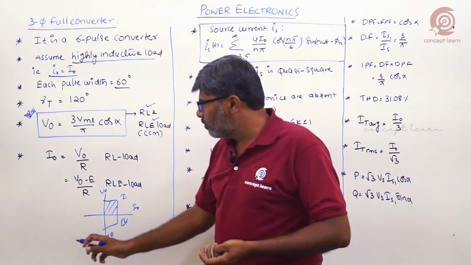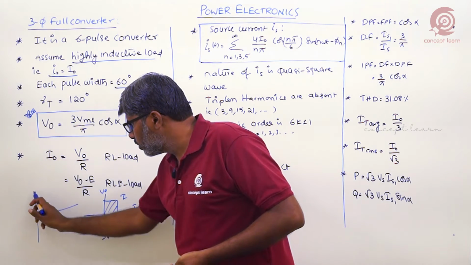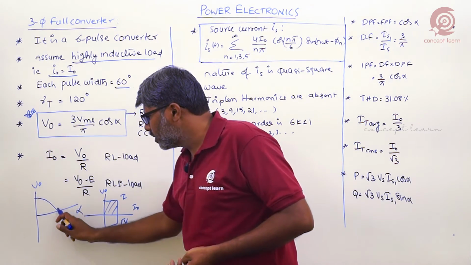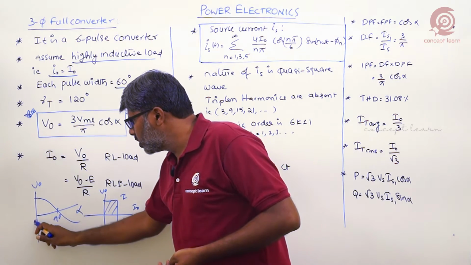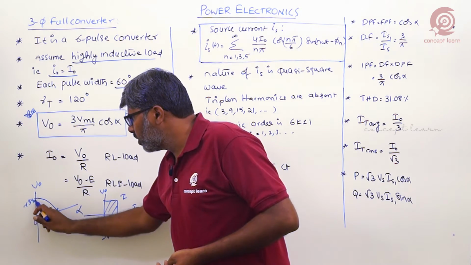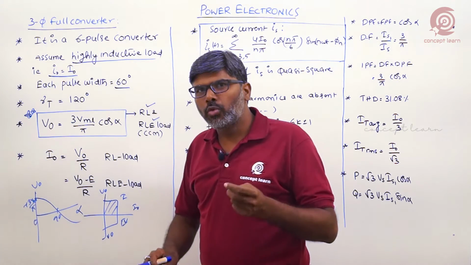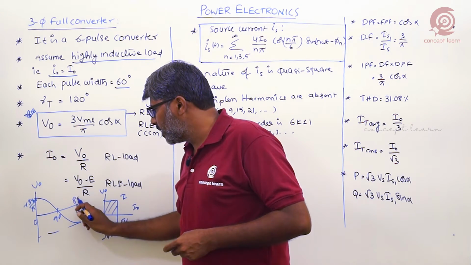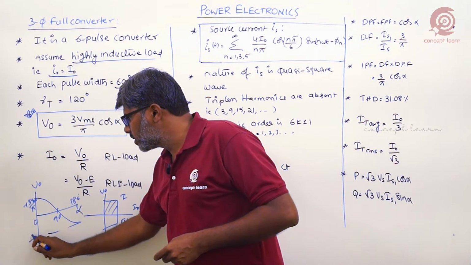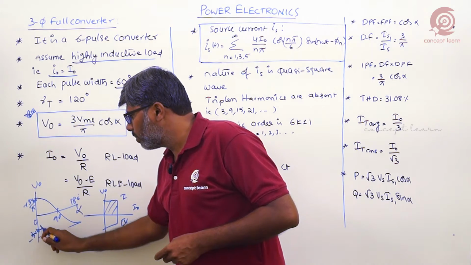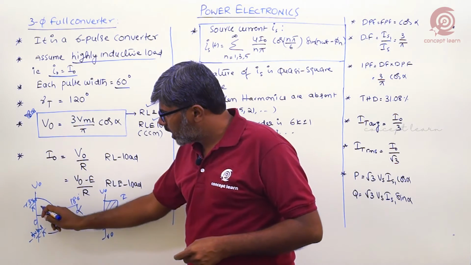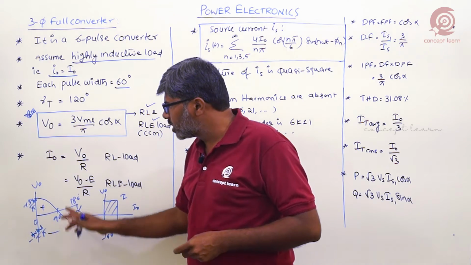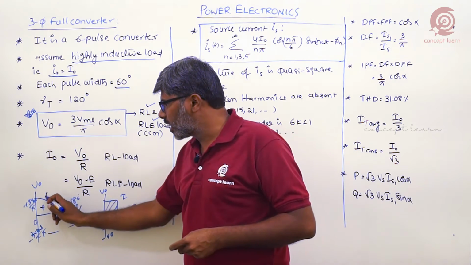When you observe the waveform of V0 average output voltage variation with respect to alpha, at 90 degrees it is 0, and at 0 it is 3 VML by pi. Instead of 2 VM by pi, here it is 3 VML by pi. At 180 degrees it is minus 3 VML by pi. So voltage is positive as well as negative. When alpha is less than 90, voltage is positive and current is always positive, so it acts as a rectifier.